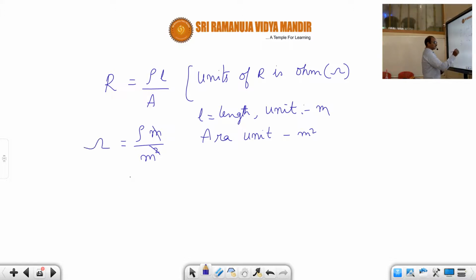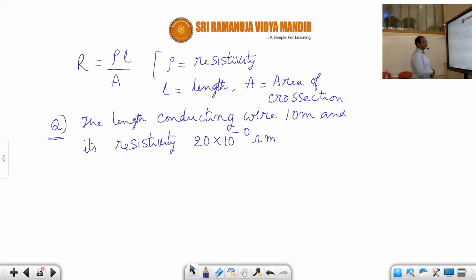Therefore, cross multiplying, resistivity is ohm into meter. This is the unit of resistivity. Understood? This unit of resistivity is also very important.